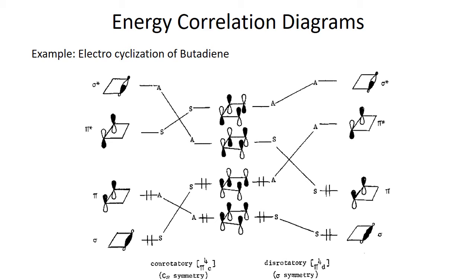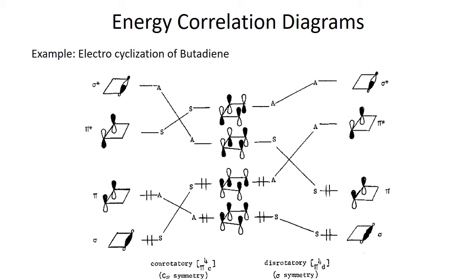But when we talk about C2, electrons have to move with respect to energies. There are 4 electrons, so we do the electron filling in the sigma first and then the pi.